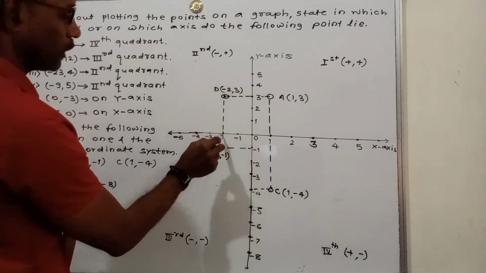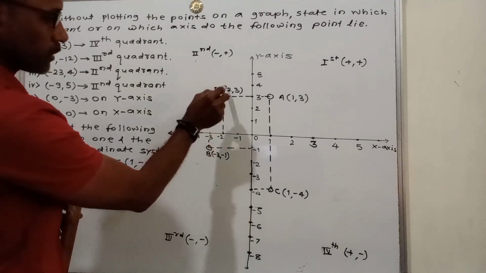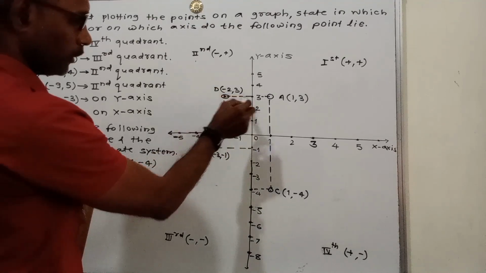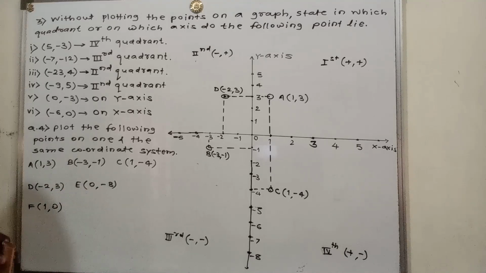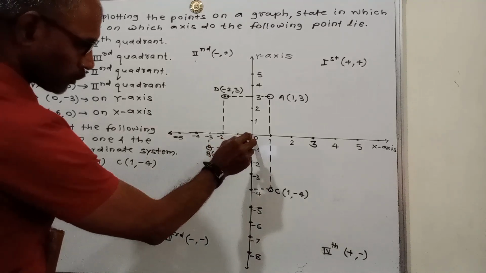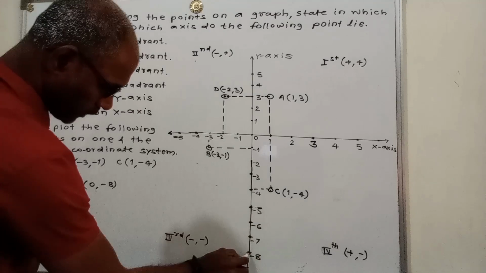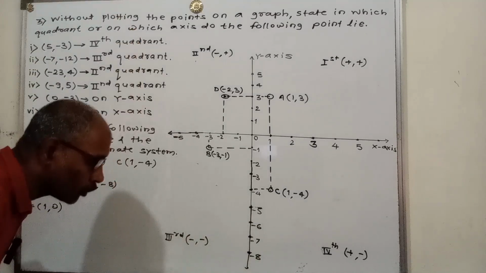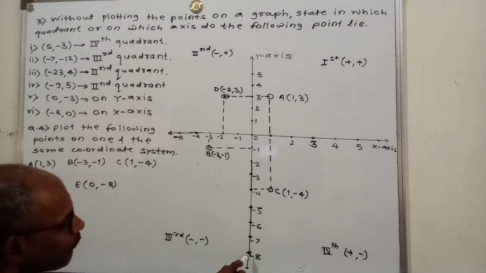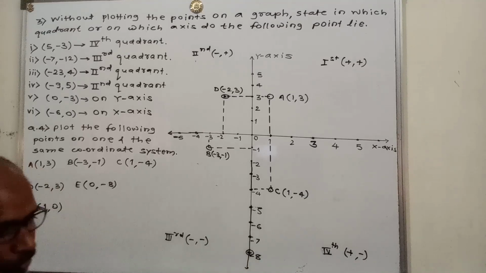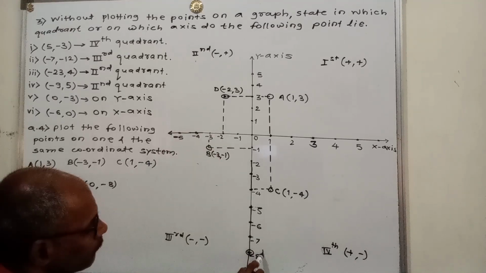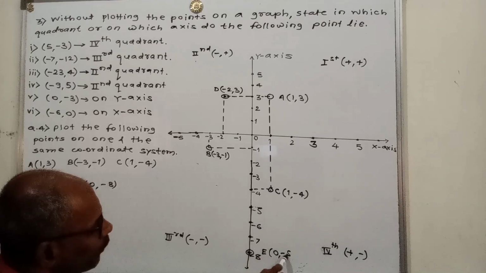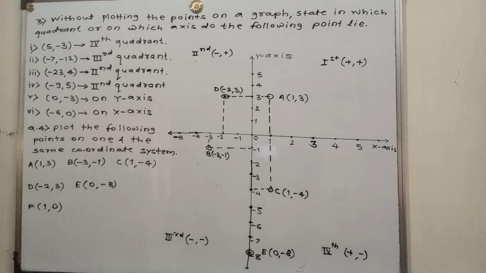Here what is D? Minus 2, 3. Minus 2 x axis means x coordinate, and 3 y coordinate. E 0, minus 8, 0 x coordinate, and minus 8 y coordinate. Therefore this point is on the y axis. E 0 comma minus 8.